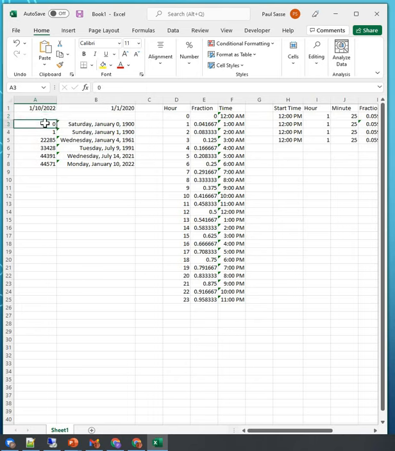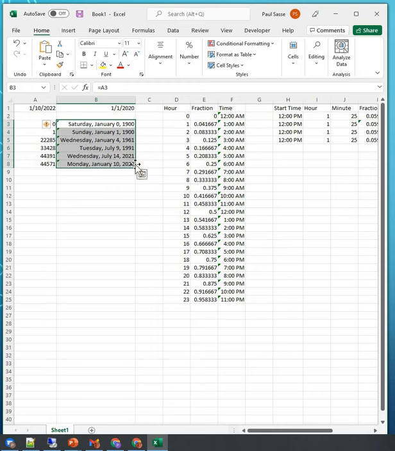So what I did here, I just punched in some numbers, and then I have a reference. So this reference is A3. So the value in this cell, B3, is just 0. Okay? And then I formatted these as a date and a time.